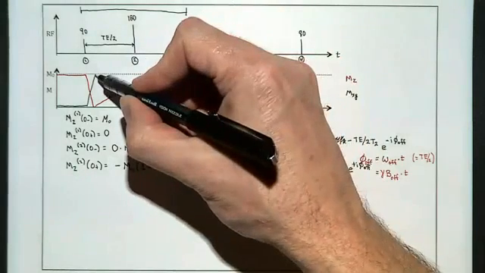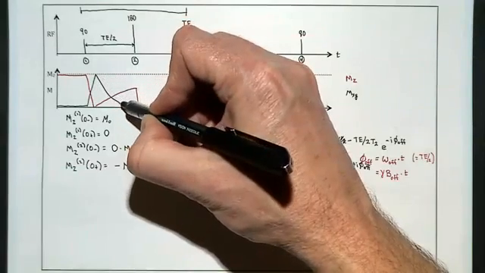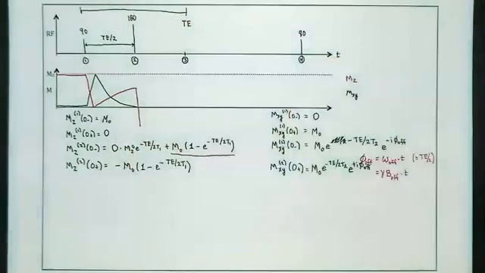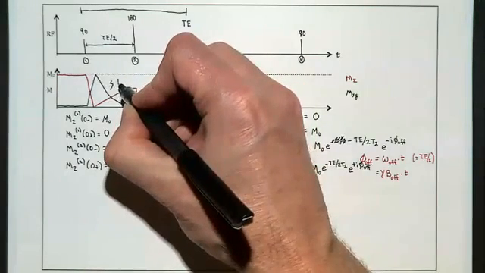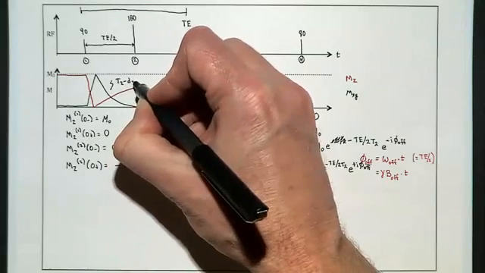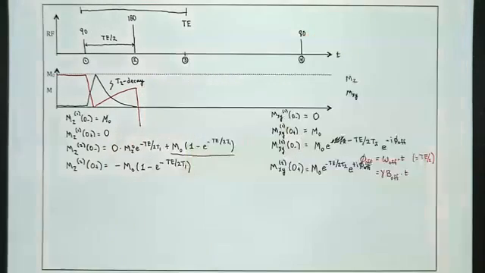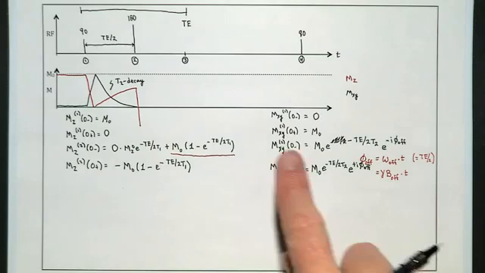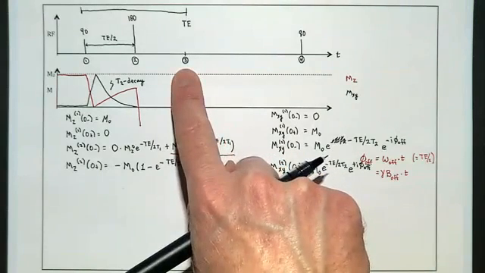This transverse magnetization will decay as a function of time, perhaps all the way to my 180, or perhaps it's decayed even more quickly than that. So this envelope here is just the T2 decay envelope of my transverse magnetization. The next thing is what happens at time point 3.